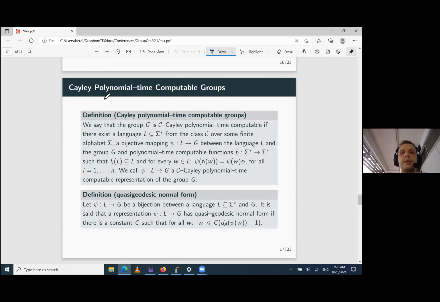But if it's polynomial, then you don't get that. So if you study Cayley polynomial time computable representations, it is worth looking at representations that have quasi-geodesic normal forms.